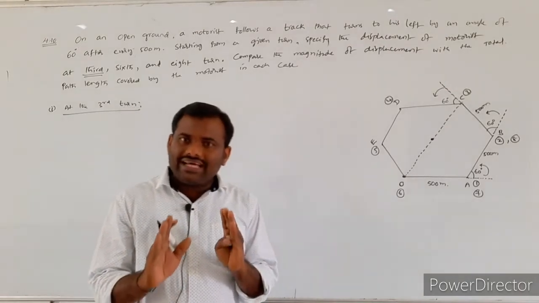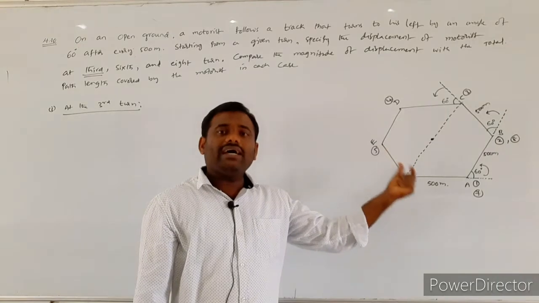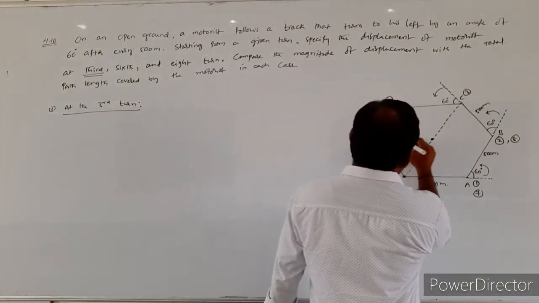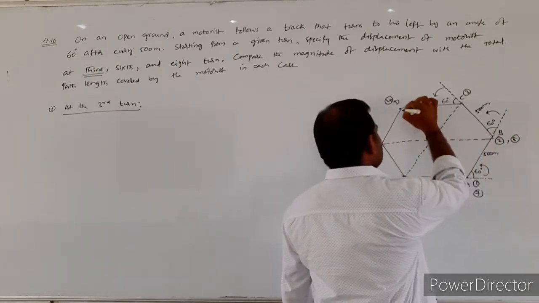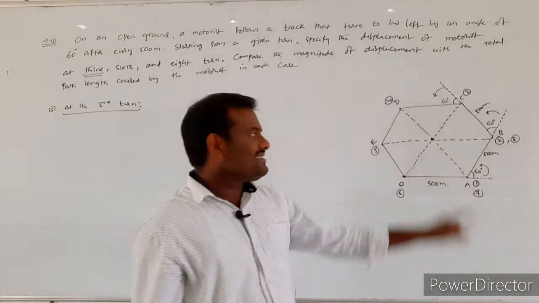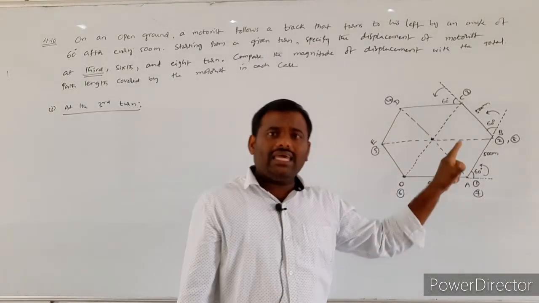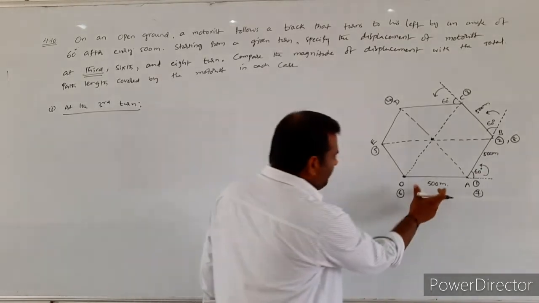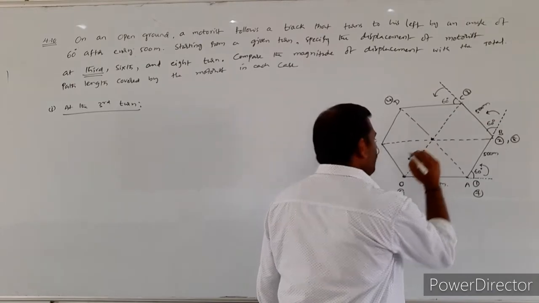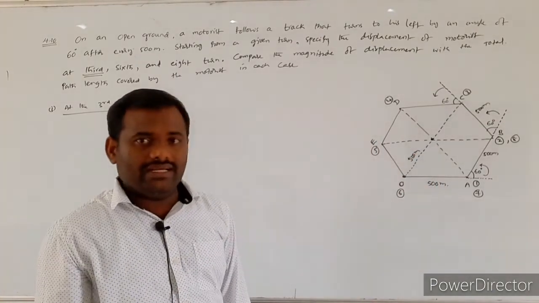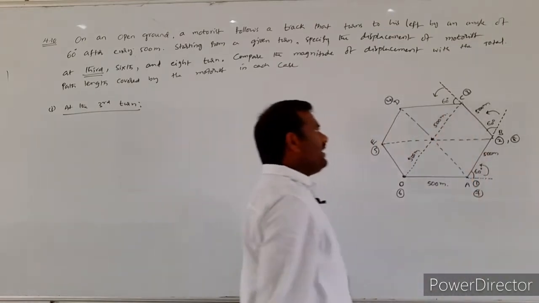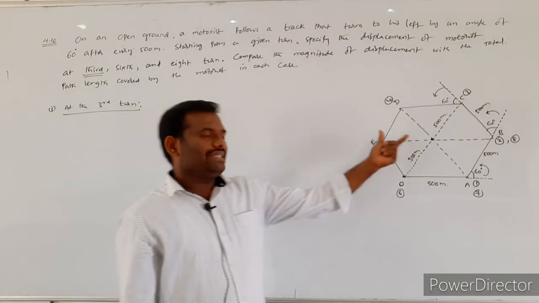From the center of the hexagon to any corner, the distance value will remain the same, and it will form 6 equilateral triangles. So if this side length is 500 meters, this distance is also 500 meters. Again, from here to here, 500 meters. So this is simply mathematics based.